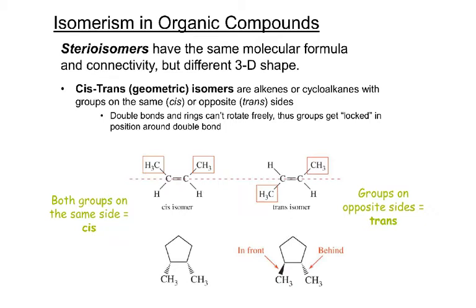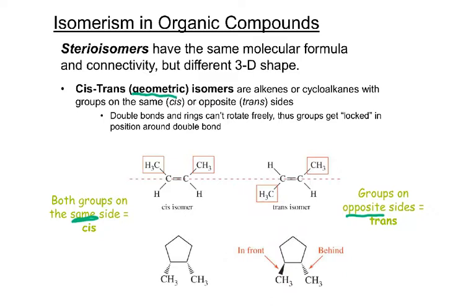The first type are called cis-trans isomers, or sometimes they're called geometric isomers, but I prefer cis-trans. Cis is Latin or Greek, I can never remember, for same, all right? And trans means opposite. And so what we mean is if we have a molecule that's locked in place.